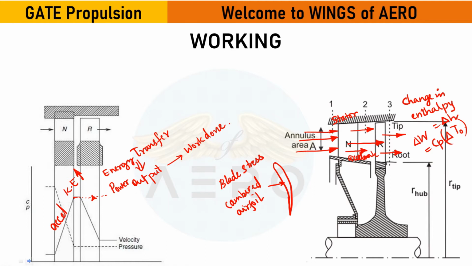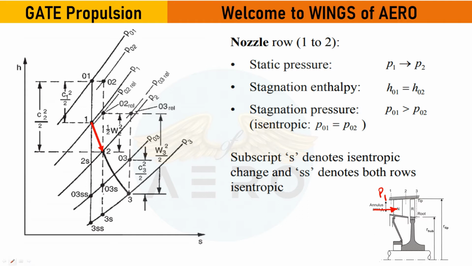Yes, ma'am. Okay, now we will see what thermodynamical changes occur between the nozzle and the rotor. When the hot gases enter the nozzle, let's consider P1 ahead of the nozzle, and after the nozzle, when the air moves out from the nozzle, is zone 2.